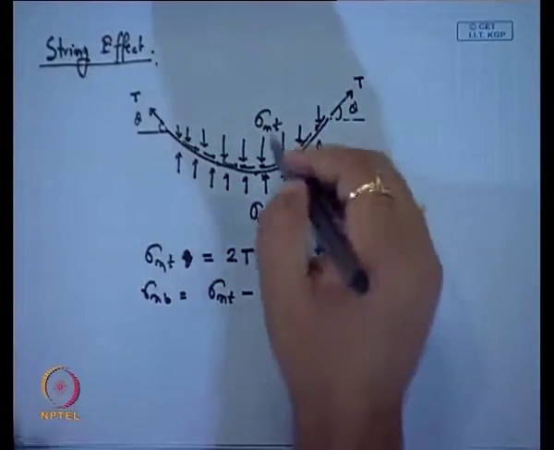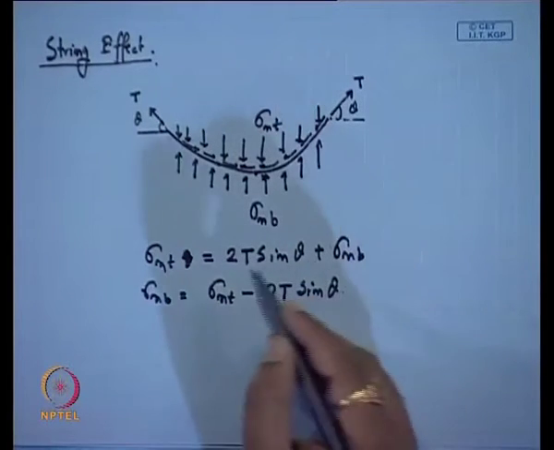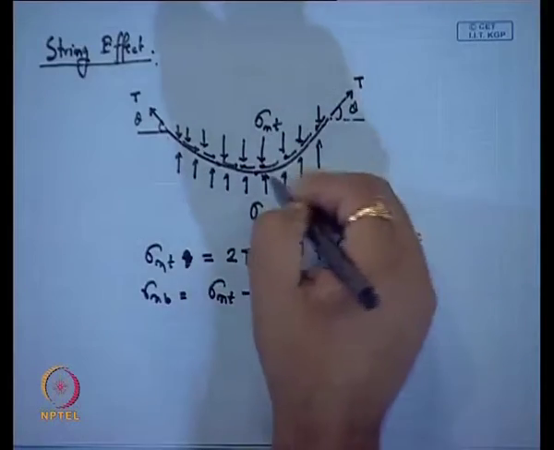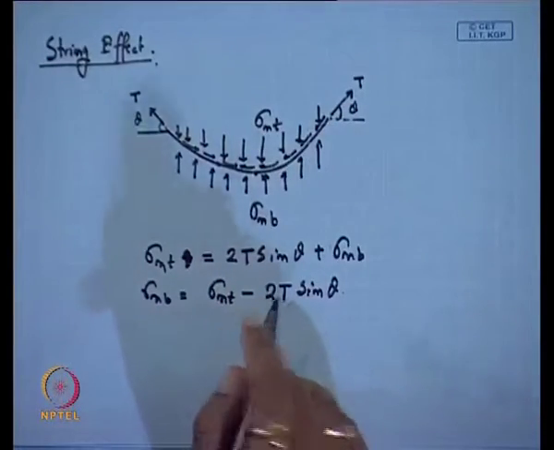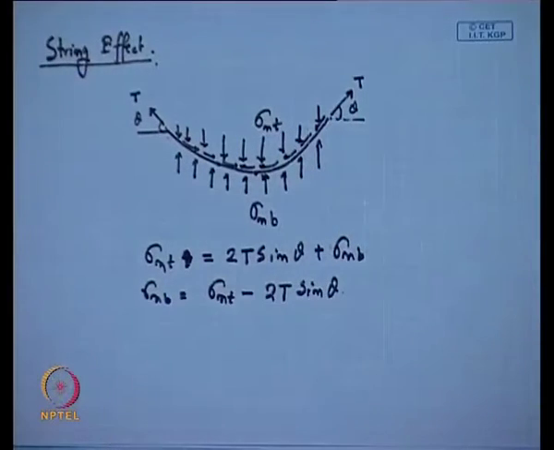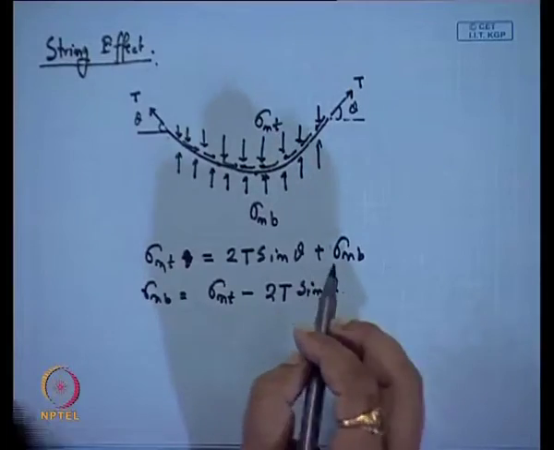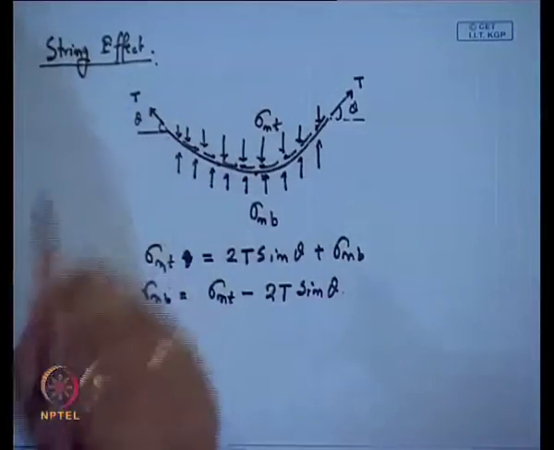Once the stress on the soil is reduced, the load carrying capacity of the soil is increased, because some stress is taken by the tension mobilized within the reinforcement. So, the stress carrying capacity of the soil will also increase. This is the action that is called string effect.